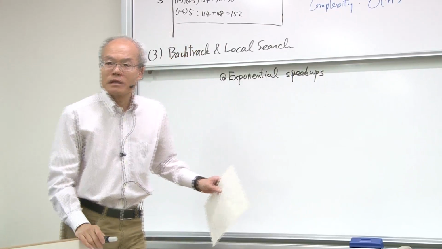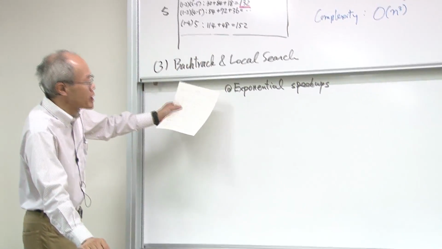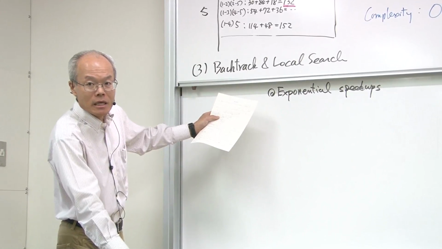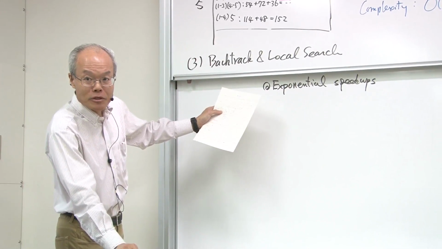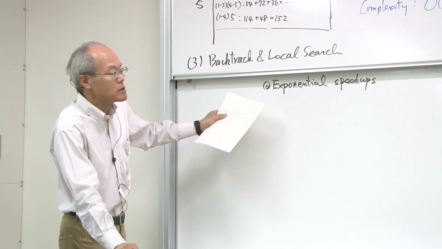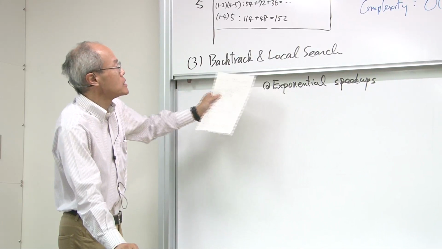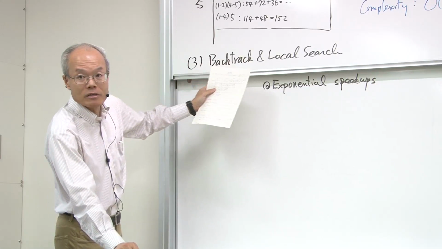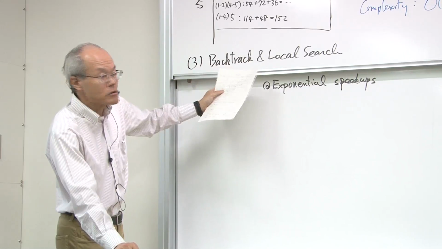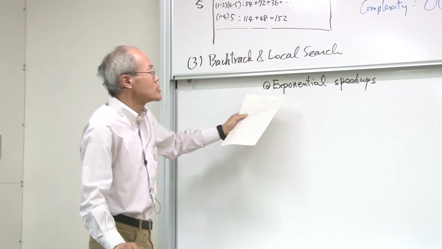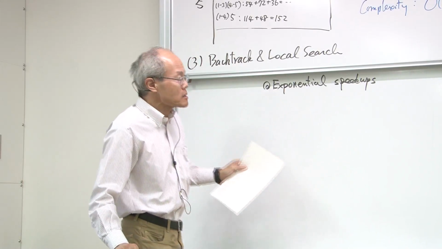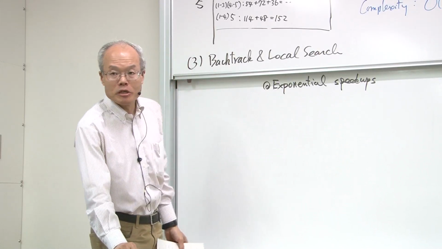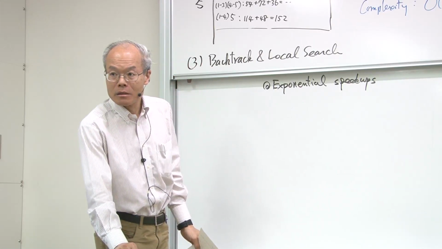So I'll give you the idea of exponential speed up today. And the most standard approach to get it is backtrack and local search. So I'll show you this technique next week. So today, I'll show you what this exponential speed up means.